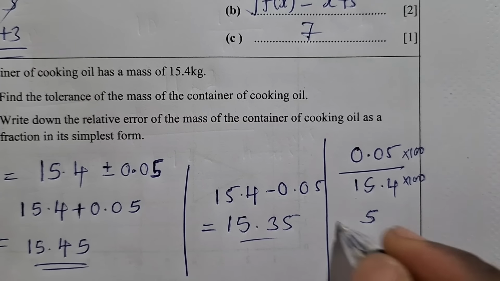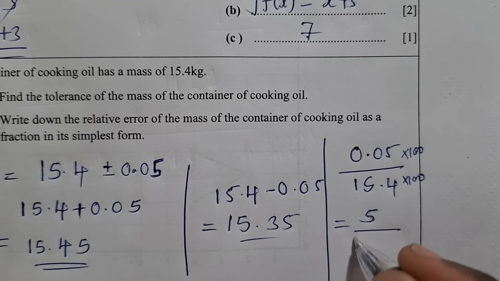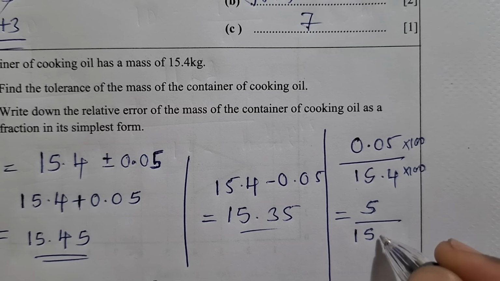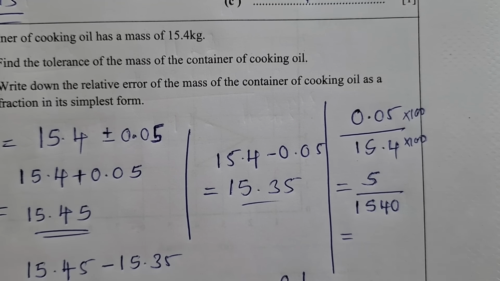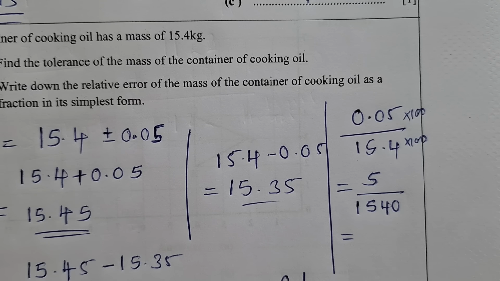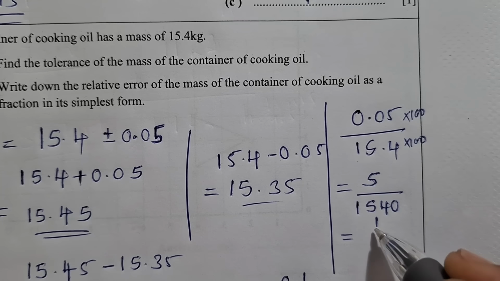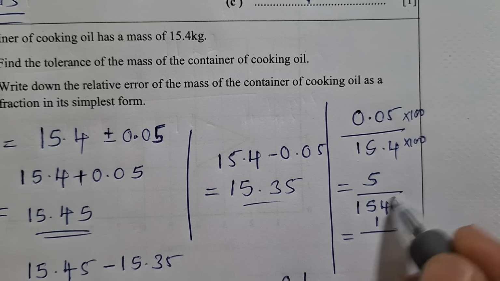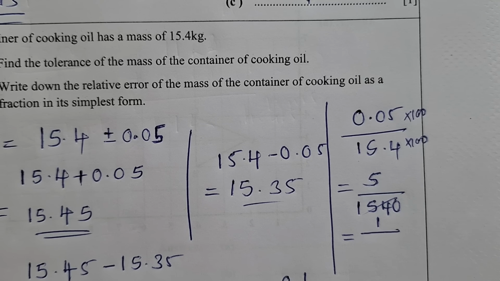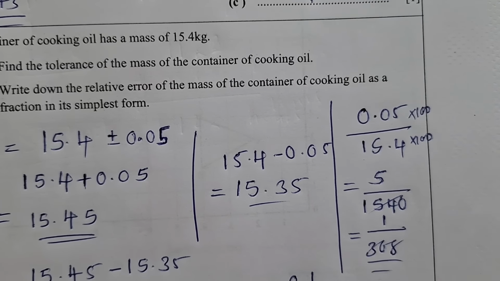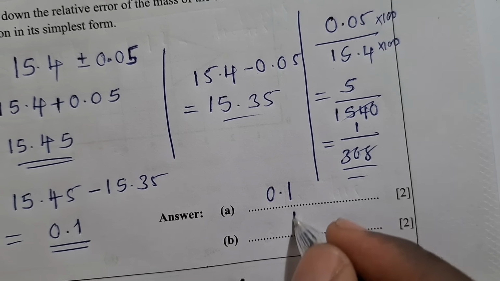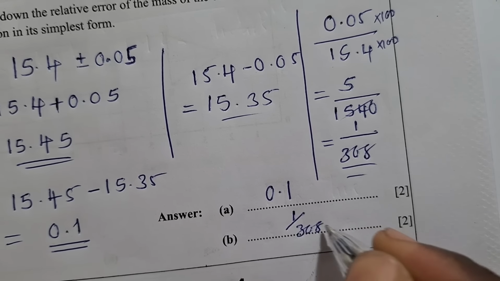It will give us 5 over 1540, which when we reduce, 5 into 5 is 1, and 5 into 1540 is 308. So we get 1 over 308.